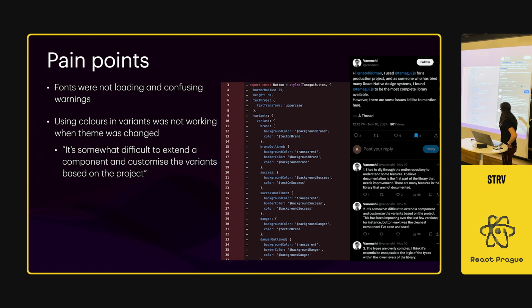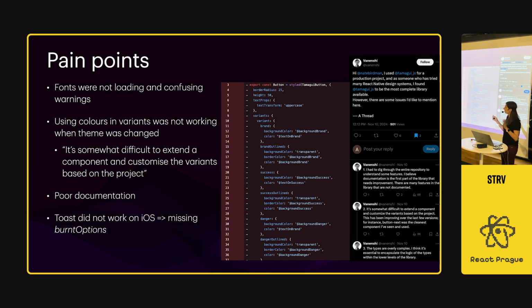And we also found some Twitter posts about variants, so we were not the only ones. I thought the documentation was not as perfect as I thought at the beginning because I couldn't figure it out. And we also had some minor issues like Toast not working on iOS, but just small things.